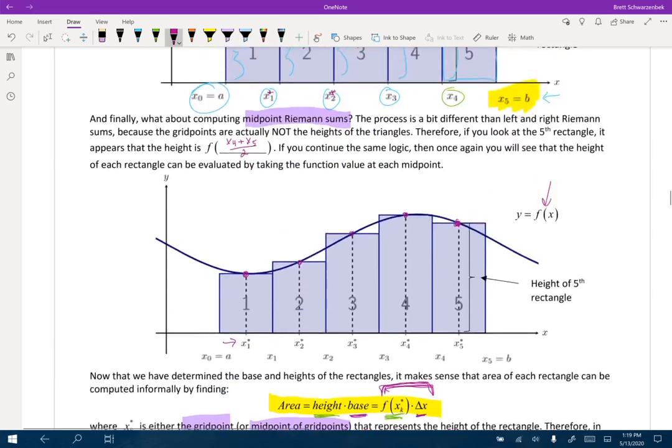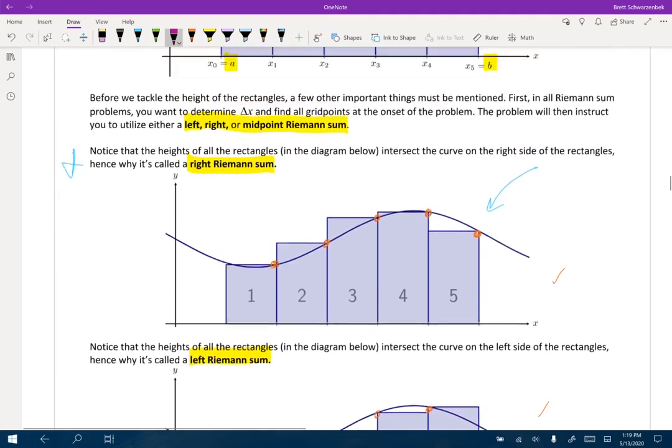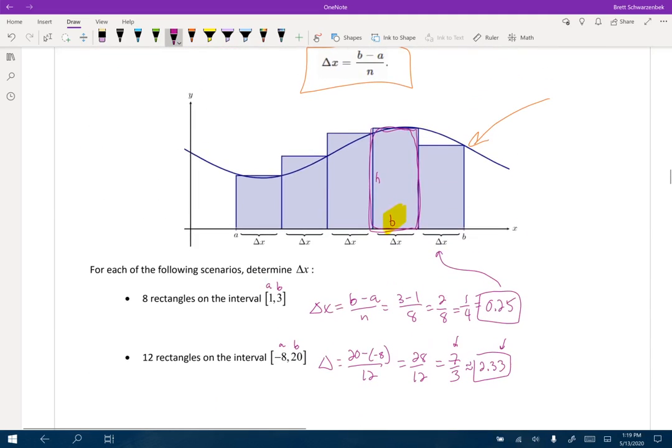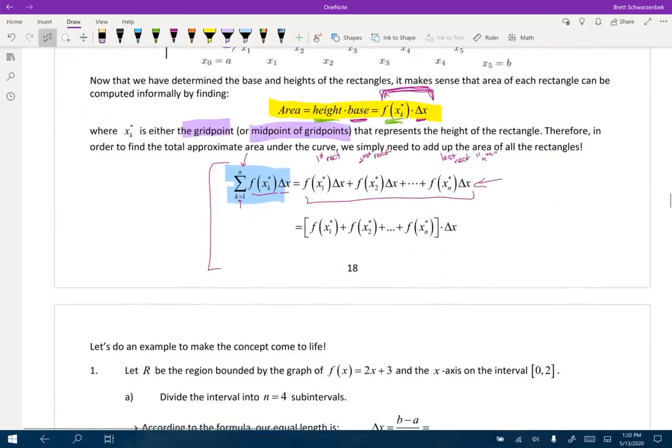Didn't we say that the change of x is going to be stagnant? It's never going to change within one problem. So why would we take the same number and multiply by the change of x every time, when instead we can factor it out and just take the sum of all the other individual terms? So in the end, you want to use this for calculating the Riemann sum of any area that we're trying to find.